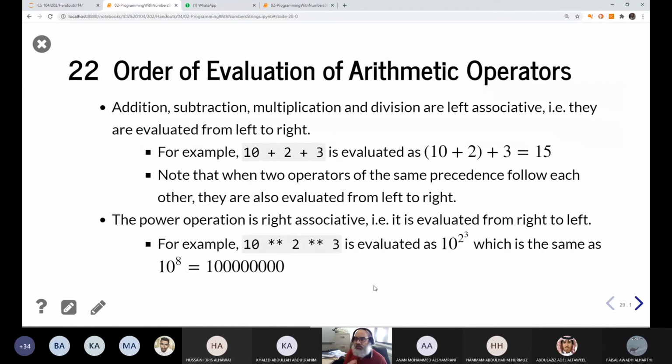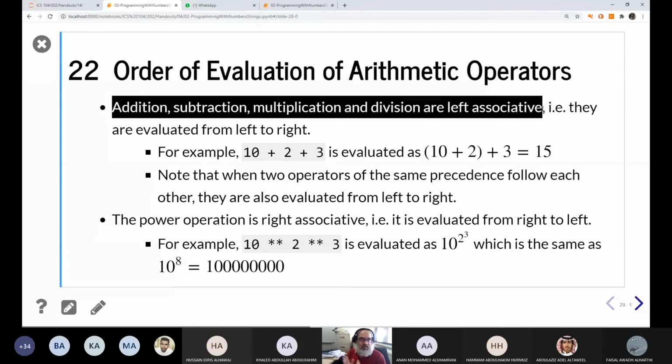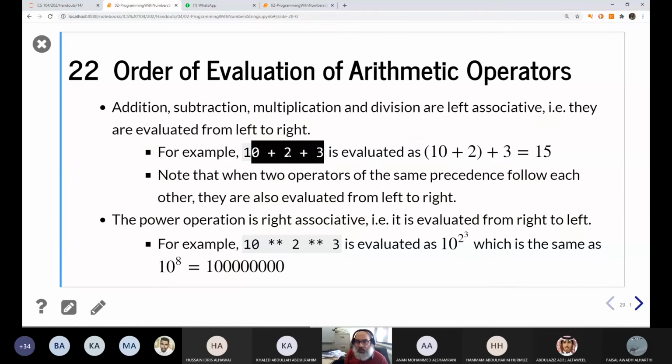Before the example, let's also talk about associativity. Addition, subtraction, multiplication, and division are left associative. What do we mean by left associative? If we have 10 plus 2 plus 3, we first evaluate 10 plus 2, and then evaluate this result plus 3. So it is something like this.